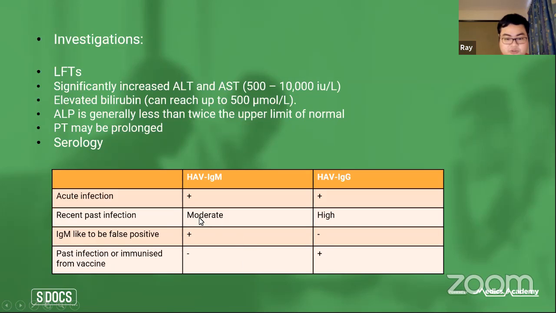It's very unusual to have an isolated elevated IgM and negative IgG, which would indicate that there's probably a false positive. If you're immune to the infection because of a vaccine or a past infection, then you would have IgG but negative IgM. So just be sure to be aware of how to interpret some serology.